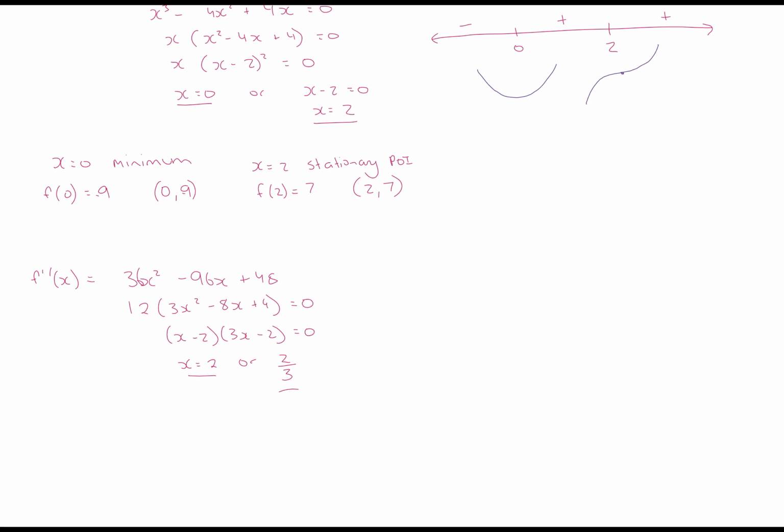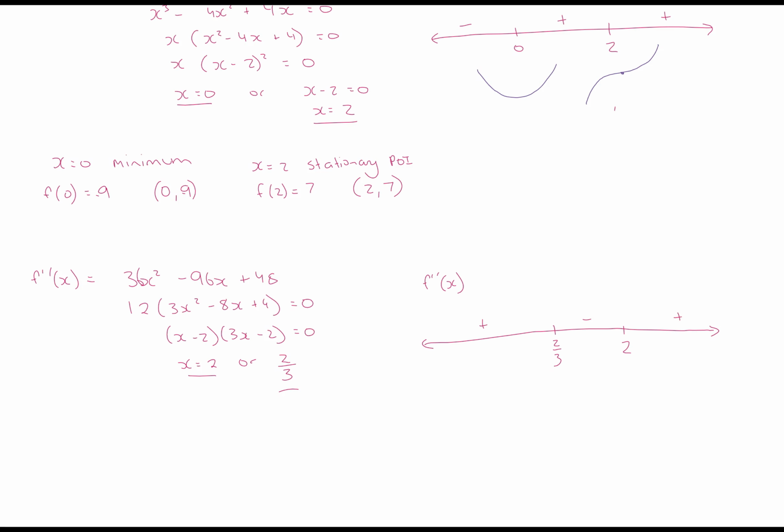Now we can draw the sign diagram for our second derivative, and I am just going to try and line up. So there is a 2, so I'm going to put that 2 there, and the 2/3 would be around here. So there's no 0 on our second derivative that we found, but I'm just going to remember that that 0 goes there.